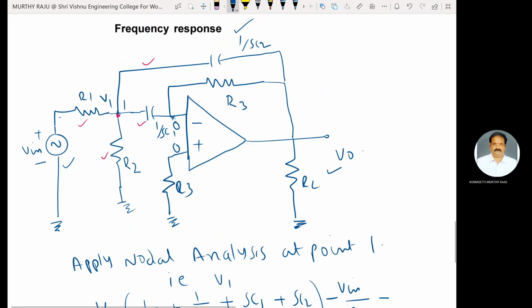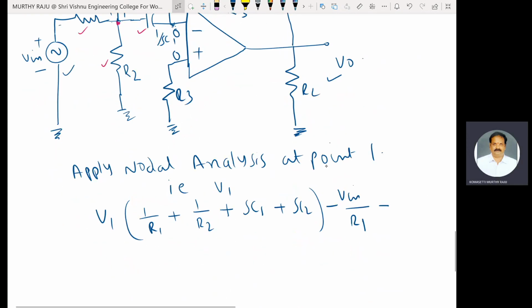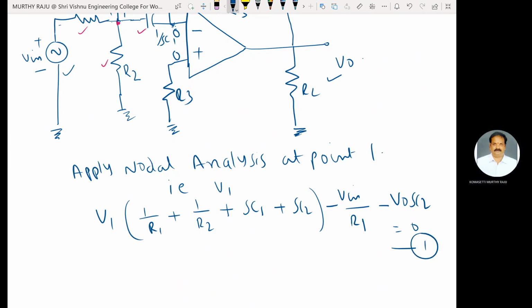The impedance 1 by SC2 is connected between V1 and the adjacent node voltage V naught. That means V naught SC2 is equal to 0. This is equation 1.